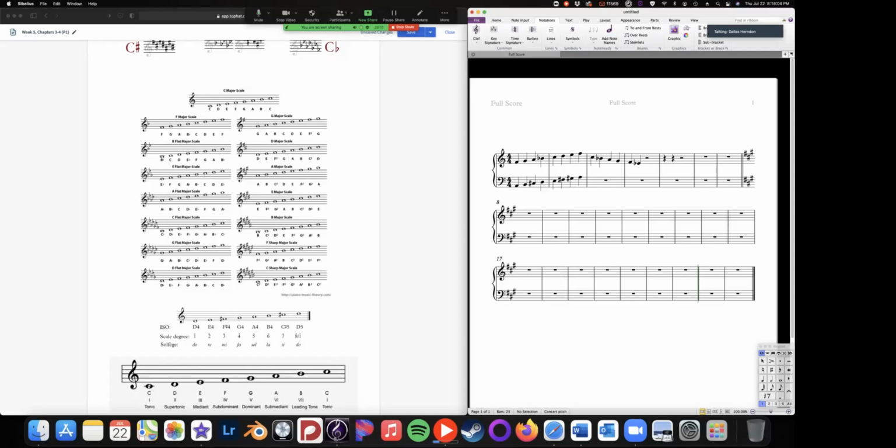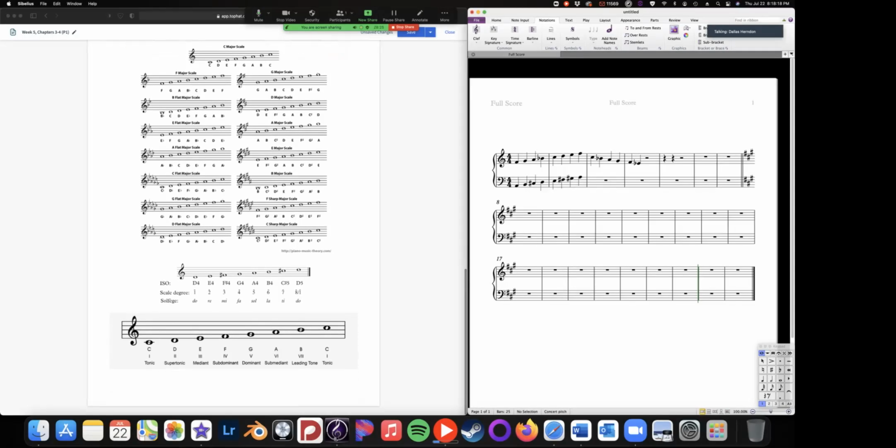But the eventual goal is to not have to rely on all the scales written out to know what they are. I just wanted to include this here so you can actually see what they look like written out. In the homework for these chapters, you will have some exercises where you have to write out and construct the scales on your own, and I would expect that you wouldn't have to rely on this to do that.